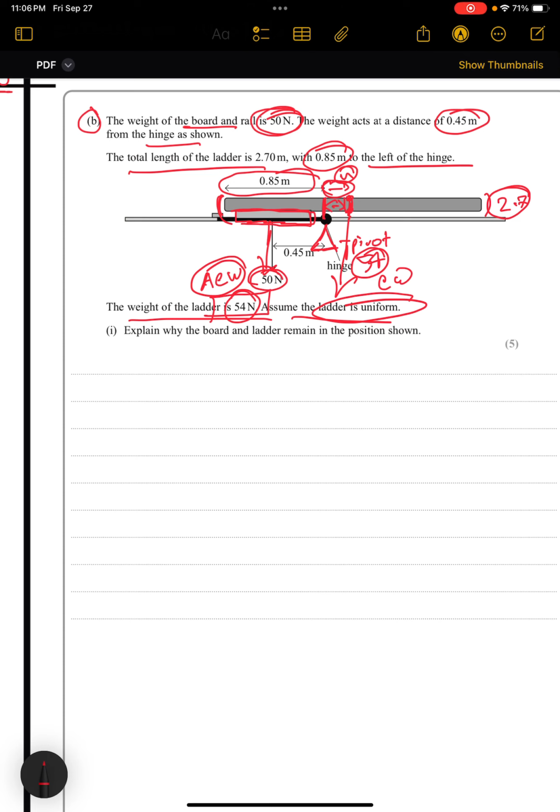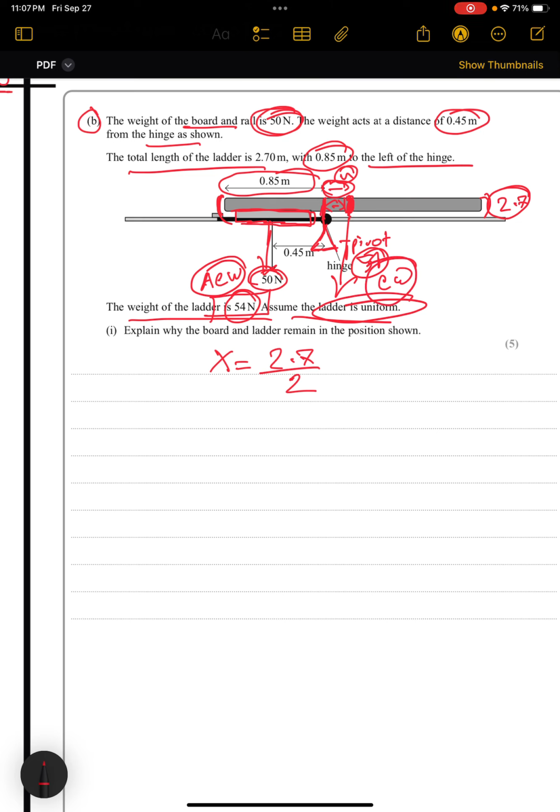So let's go and find it out. We can write it such that x will be 2.7 divided by 2, because this is the overall distance and we have to find the middle point. We have to find the distance from the hinge to find the clockwise moment.